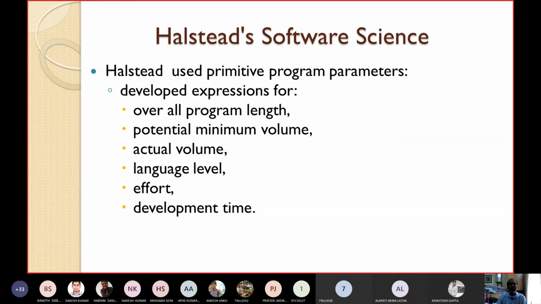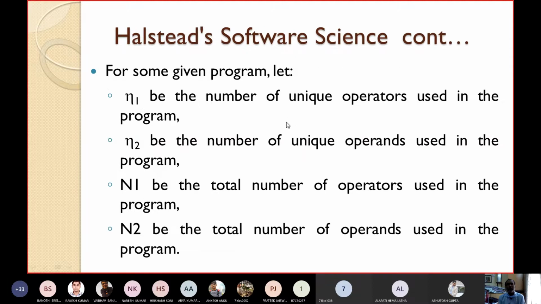Now let's see how this Halstead software science works. He has assumed some parameters. Let's first understand what those parameters, assumptions, and notations are.